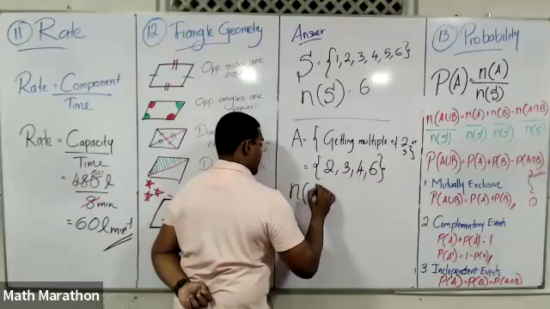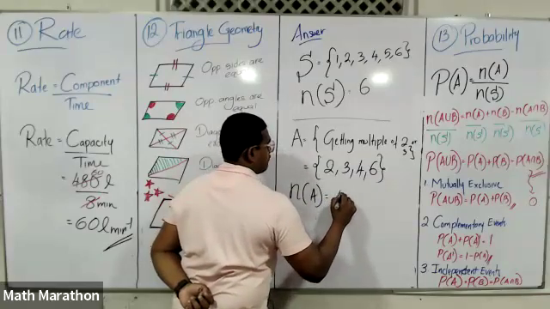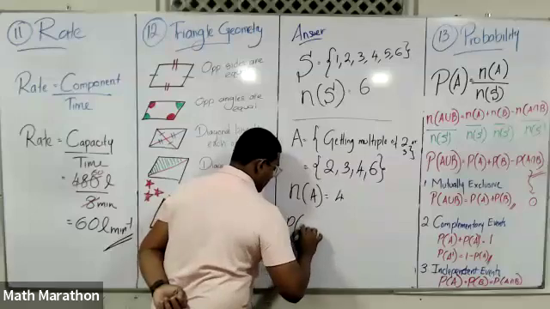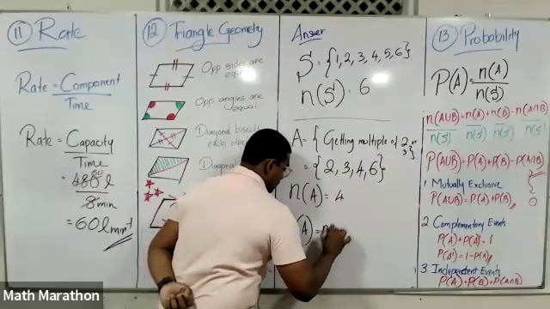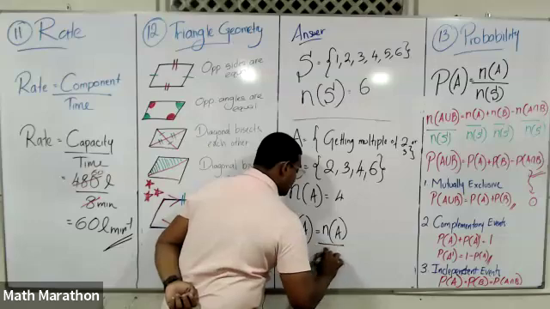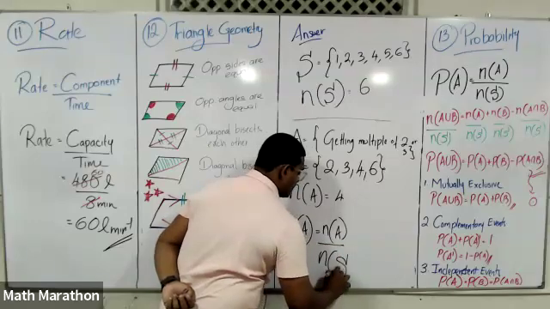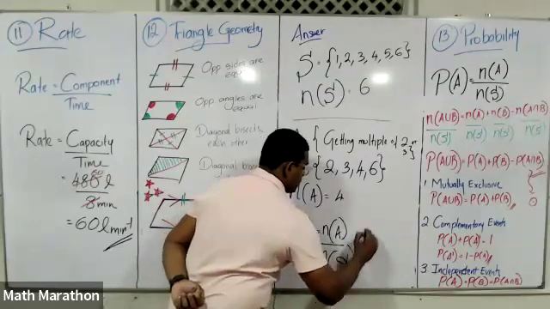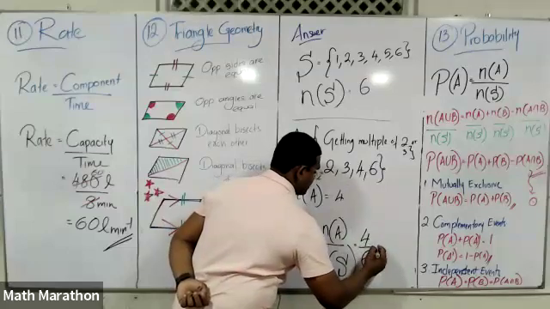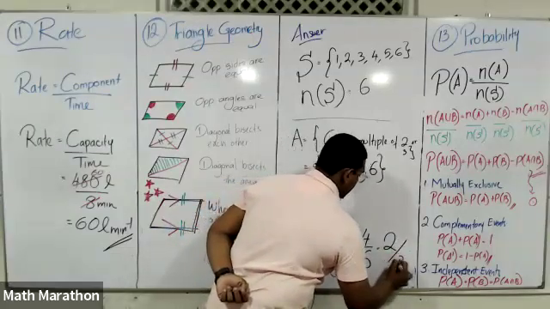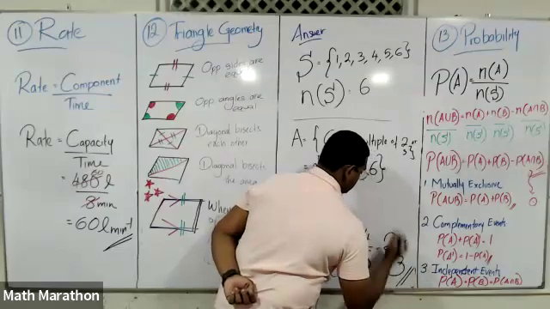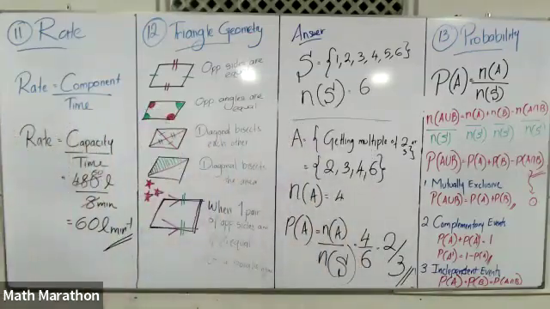The number of elements in A is 4. Probability of A equals the number of elements in A divided by the number of elements in the sample space. 4 divided by 6, the answer is 2 divided by 3. That is the answer.